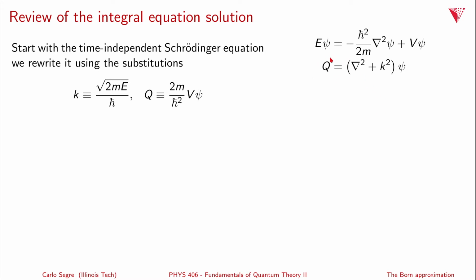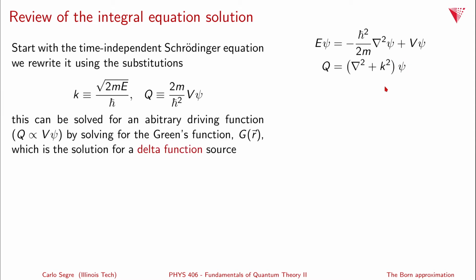So now our equation looks like this. It becomes q, which is the source function, which contains the potential and the wave function, is equal to del squared plus k squared applied to psi. We can solve this for an arbitrary driving function, that is q proportional to our V psi, by solving for the Green's function, which is a solution for a delta function source.